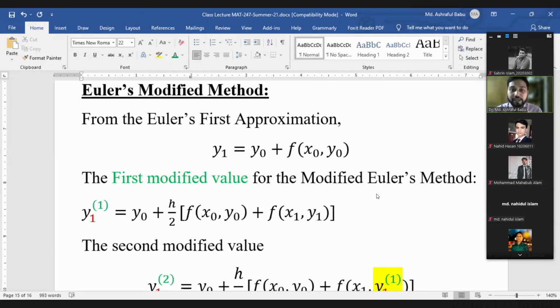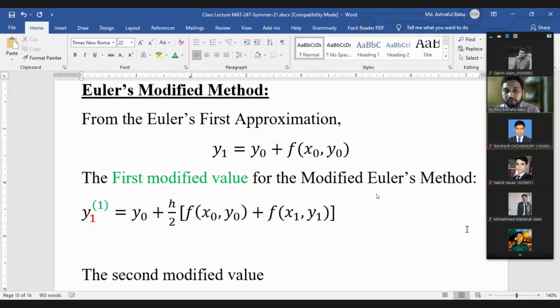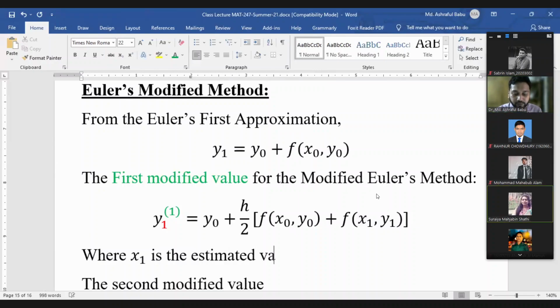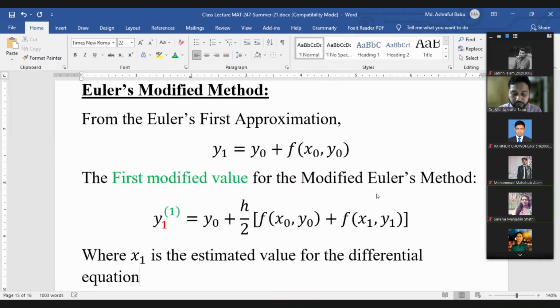As a side note, I can write: x1 is the estimated value of the equation.